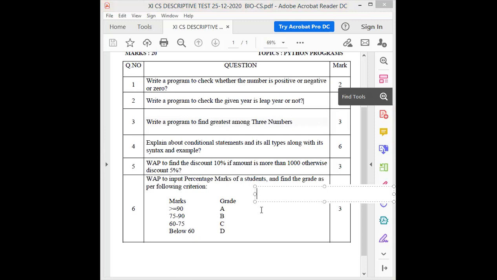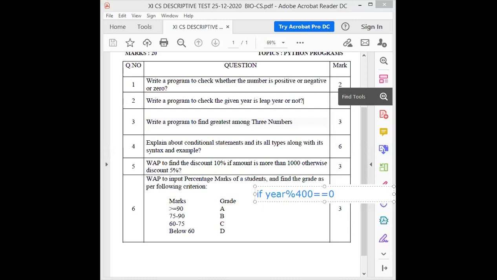Students, understood or not? Anyway, I will give the condition for checking whether the year is a leap year or not. If any year is divisible by 400 and the remainder is 0, then definitely that year is a leap year.